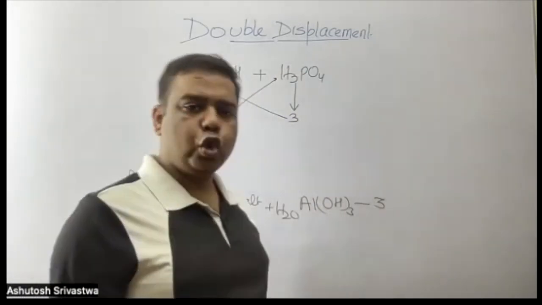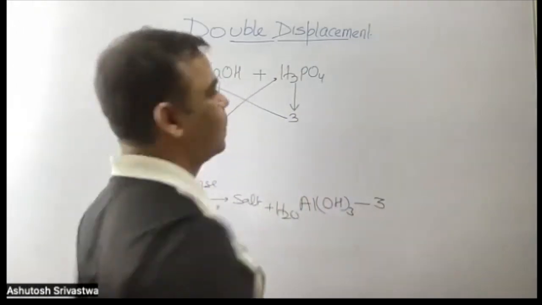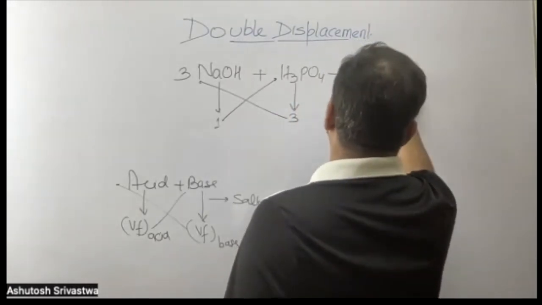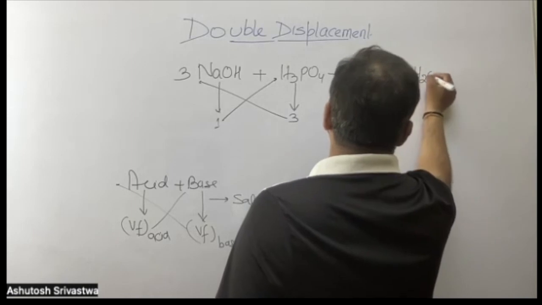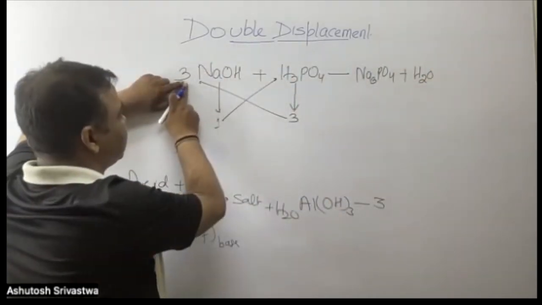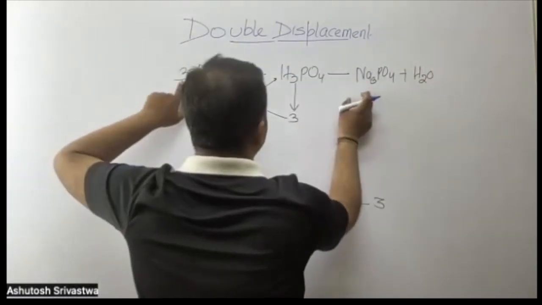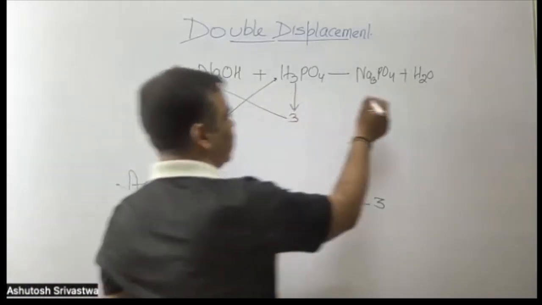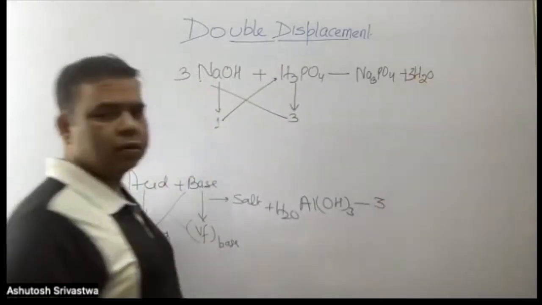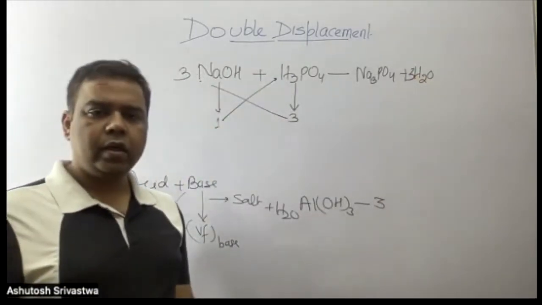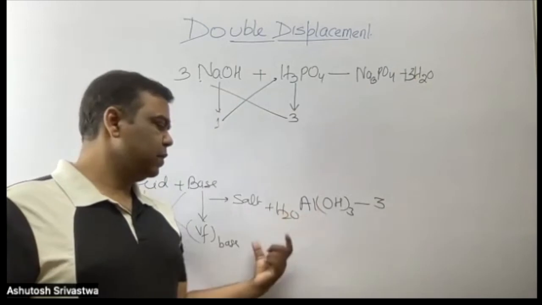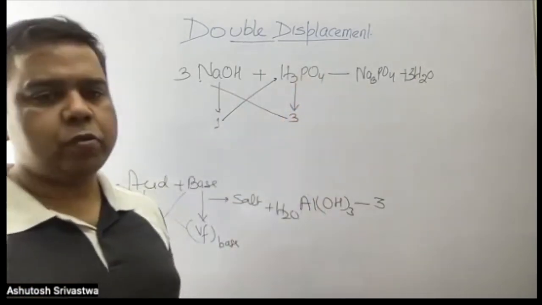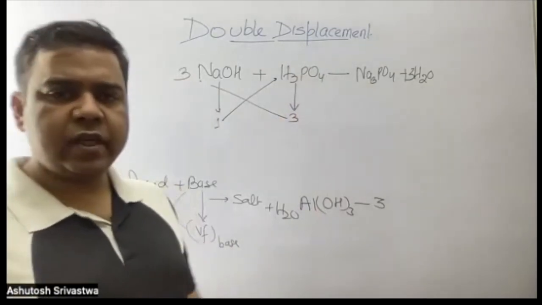Now you know the ratio of the coefficients. Now the product will be Na3PO4, very easy, and water. So this is fixed, so it must be 3. So 3 Na is already fixed here. So the only thing we have to take is water. So how many H is there? 3. So yes, there must be 3 water. How many H? Whichever is written, just take it. Since 3 H plus is there, 3 water should be formed. Is it okay? Very easy.